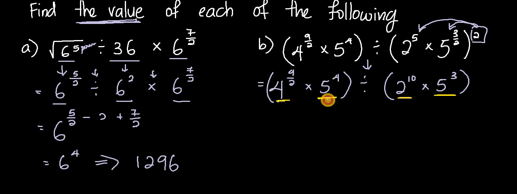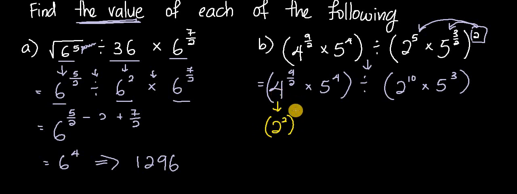They don't have any connection. So I know that number 4 can be converted to base 2. For number 4, I know that 2 power 2, I get 4. Try your best to make their base the same.